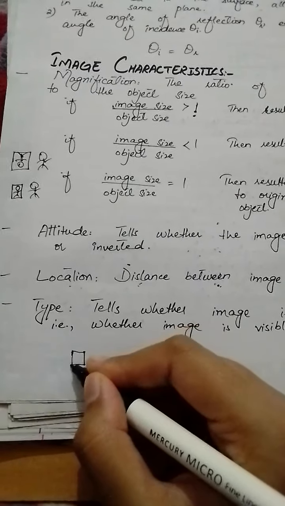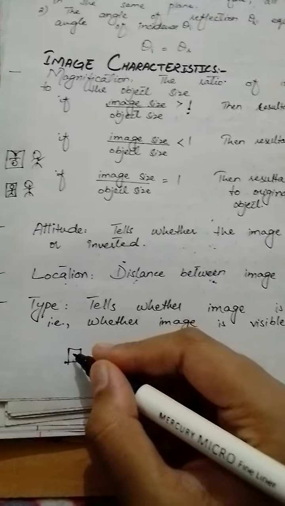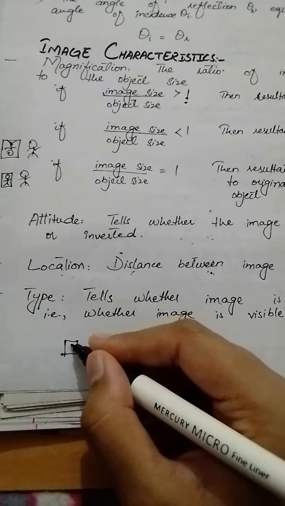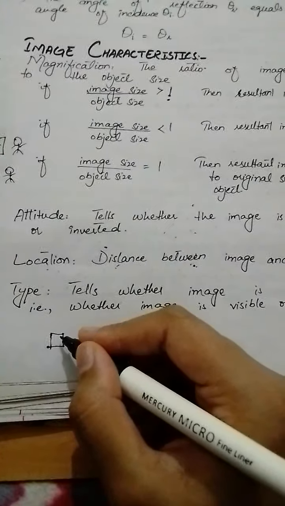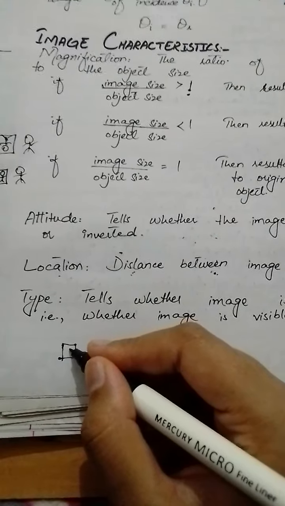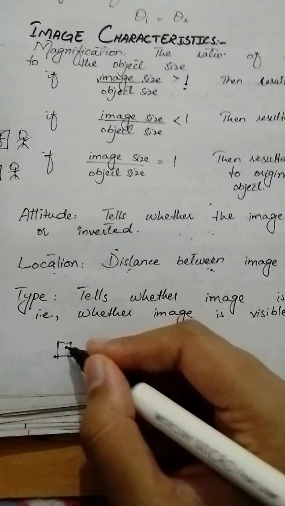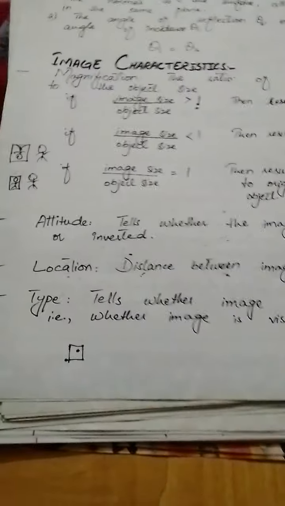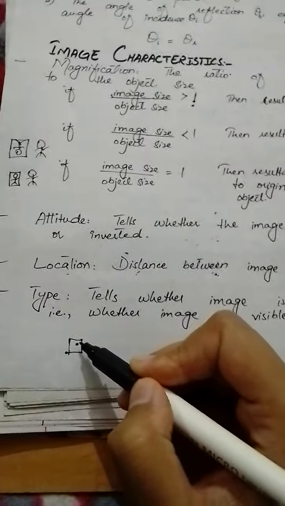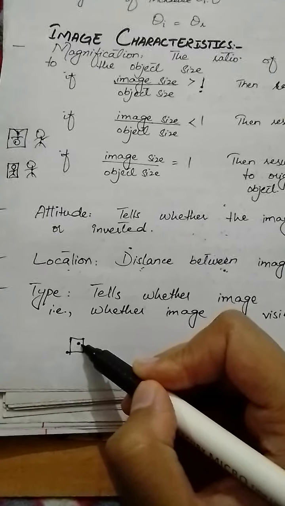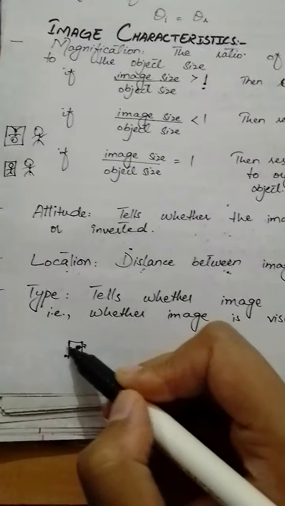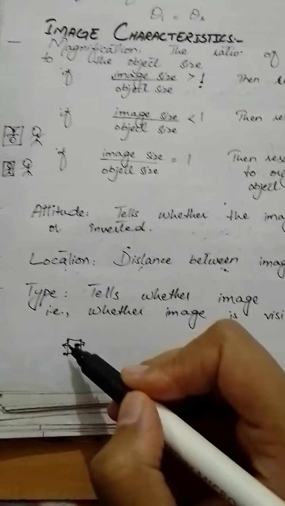If the mirror is here, the image is not actually formed exactly on the mirror. The image forms some distance away from the mirror. There are two conditions: it's either in the forward direction, or it's just behind the mirror.